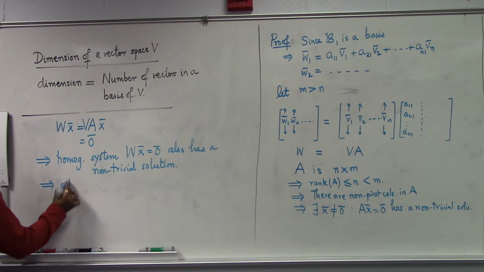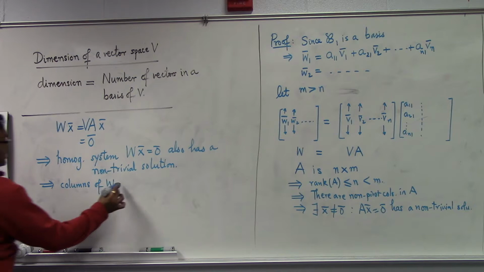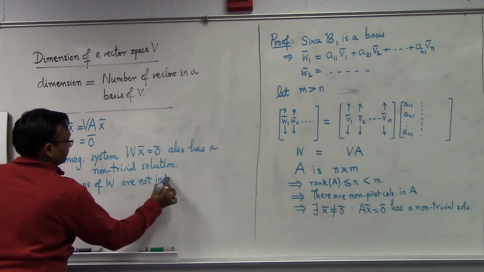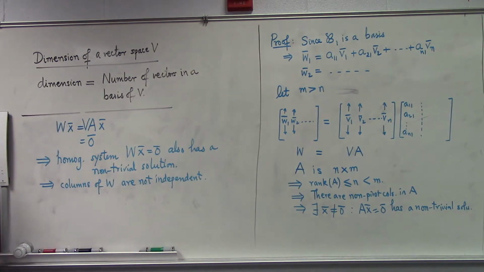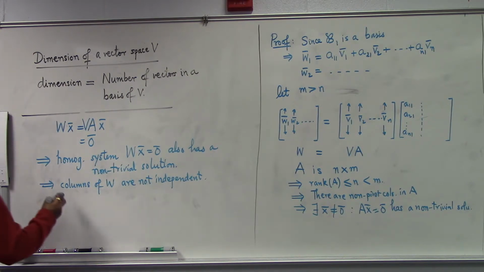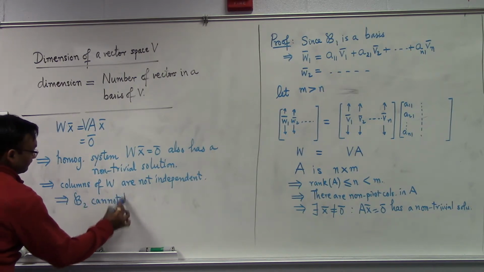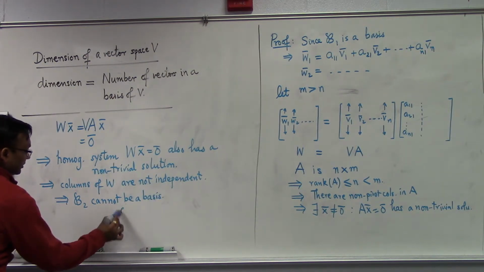This means the columns of W are not independent. But remember, the columns of W came from the basis B2. This implies B2 cannot be a basis. So we have reached a contradiction.